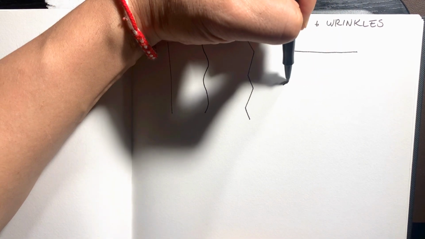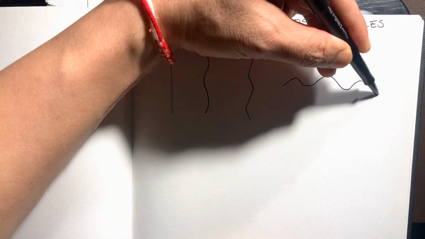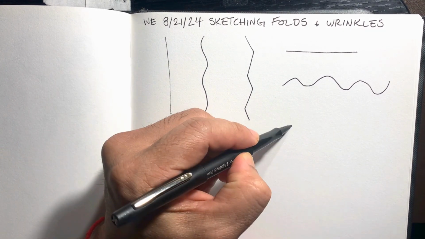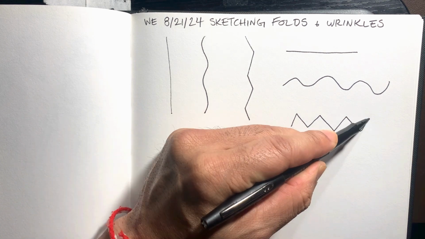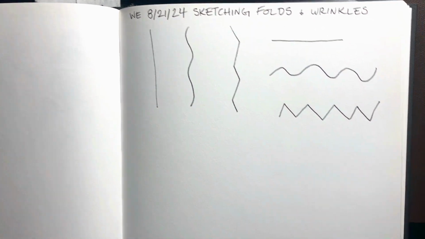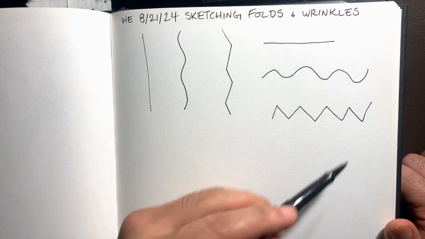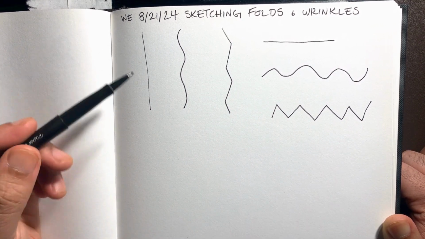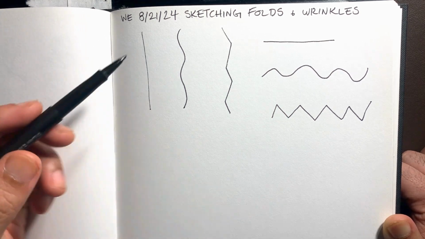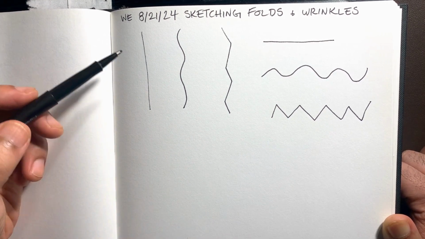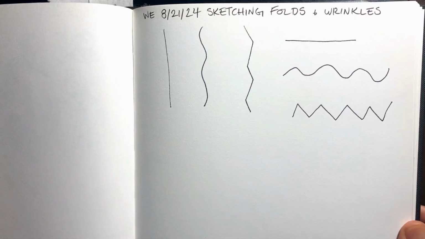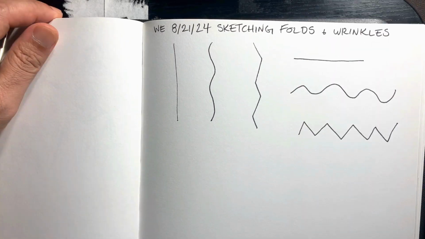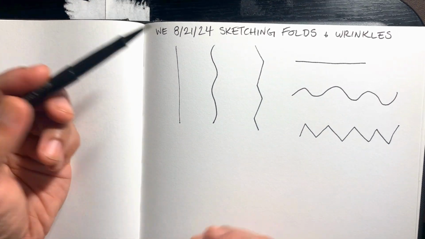Horizontally, you can change how wavy it is or how jaggedy it is. So just building from this very simple and basic concept of lines, we will think about fabric and material for drawing clothes.